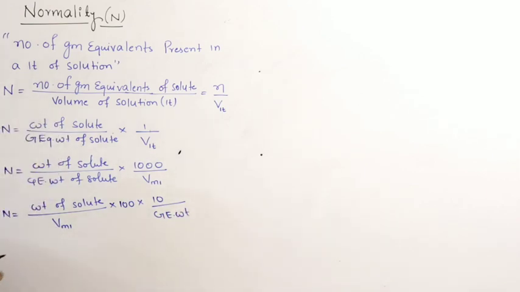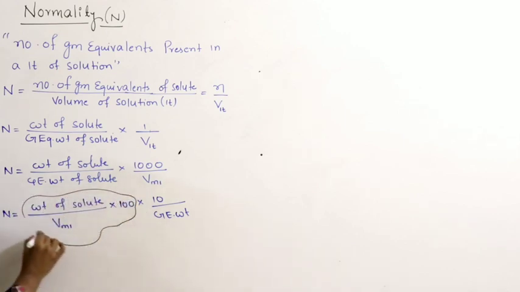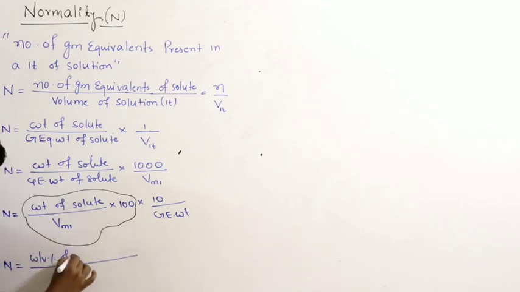Now what is this, weight of solute by volume of solution in ml into 100? This is nothing but weight by volume percentage. So what can I write? Normality equals weight by volume percentage of solute into 10 by gram equivalent weight of solute.